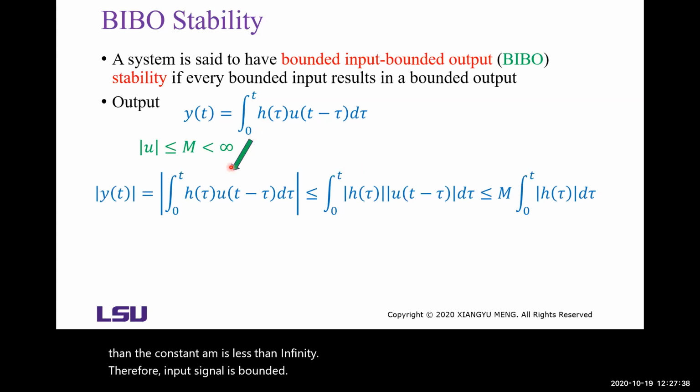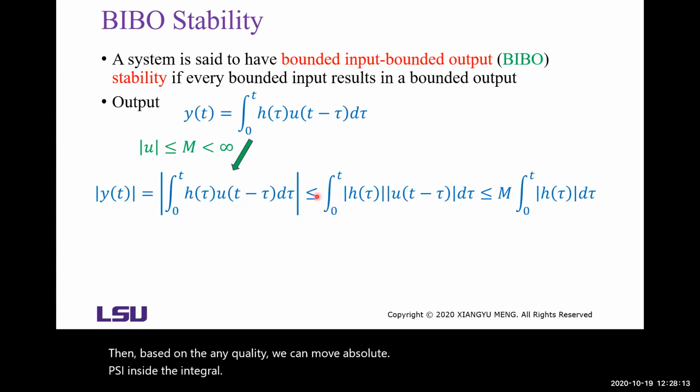Then, based on the equality, the absolute value of y(t) is the absolute value of the convolution integral. Then, based on the inequality, we can move the absolute sign inside the integral.